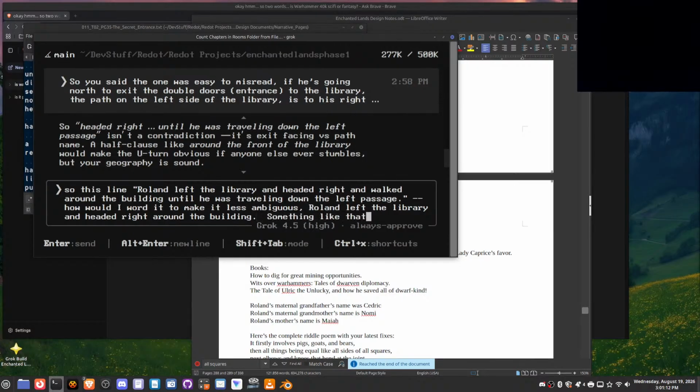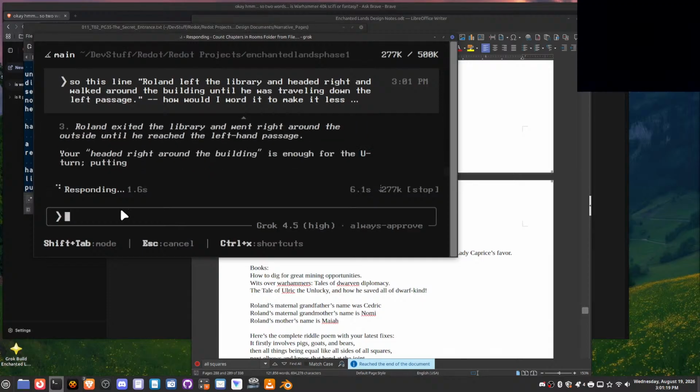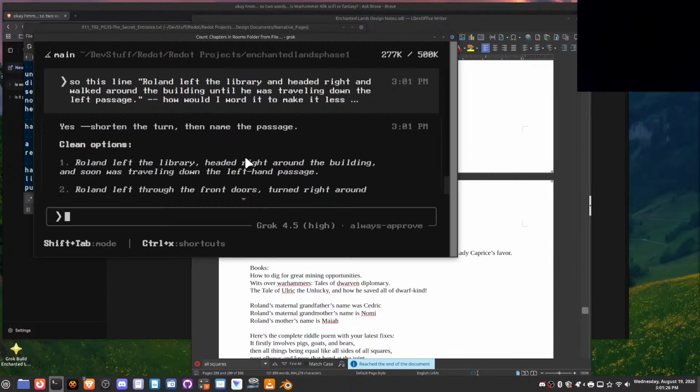Shorten the turn, then name the passage. Roland left the library, headed right around the building, and soon was traveling down the left-hand passage.